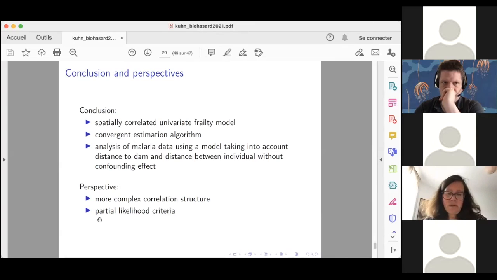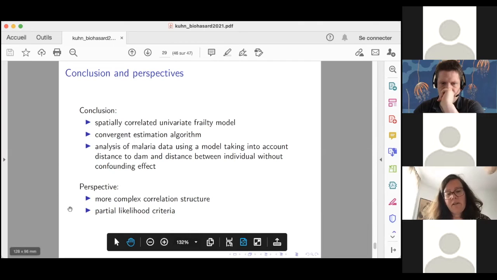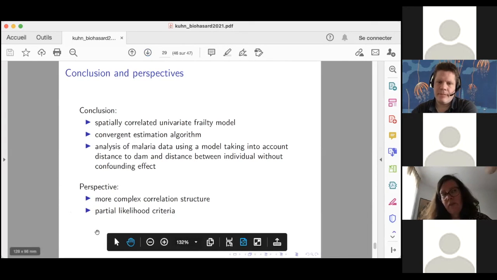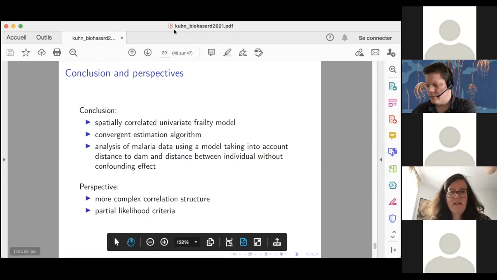So this could be of interest in such a model. We know how to perform it, but we have not done it for the moment. And we can also consider other diseases with different transmission, and so on, to model different correlation structures.